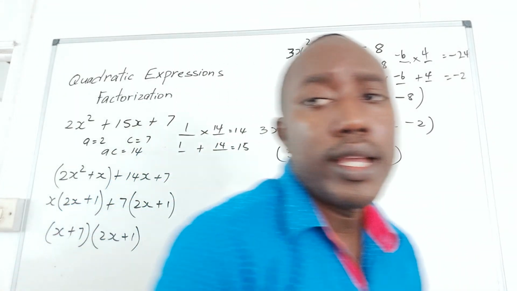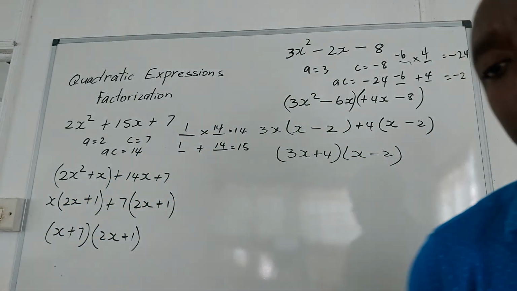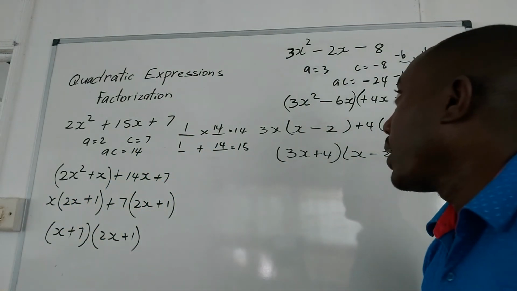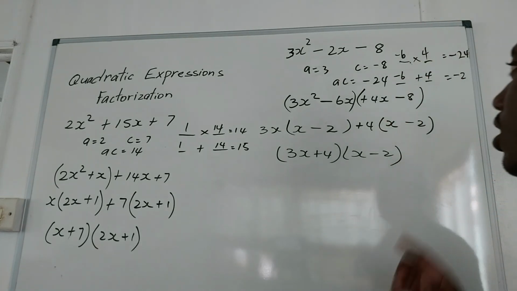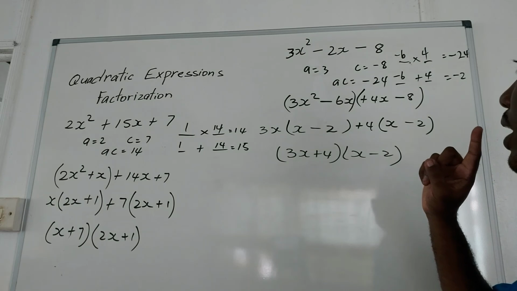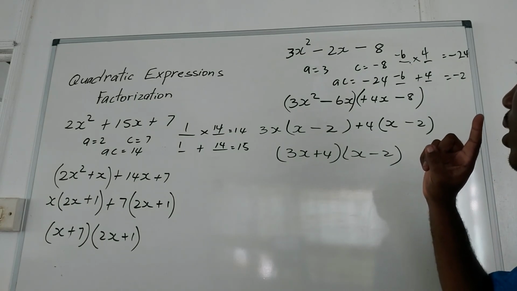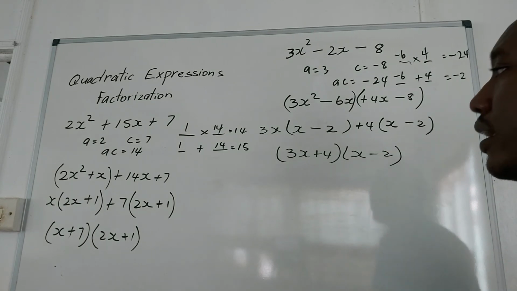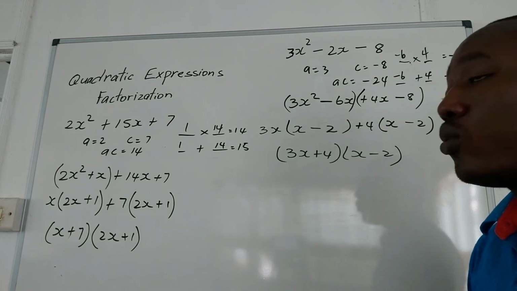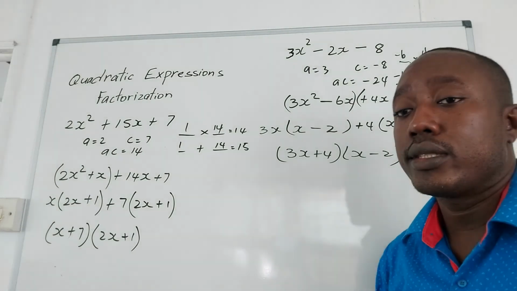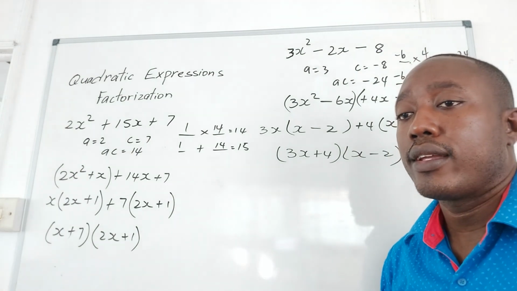And there we have our answer. When we are doing quadratic expressions and our value for a is not 1, we will do some more examples in our next lesson.